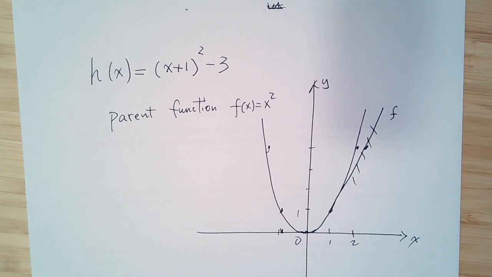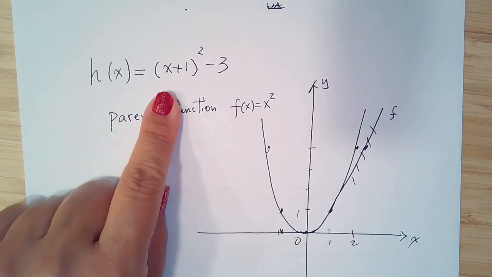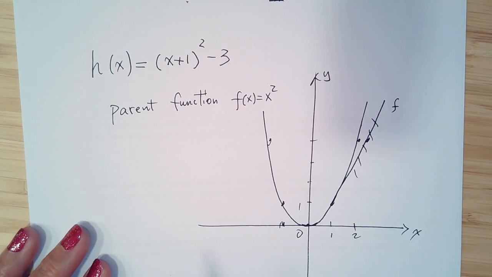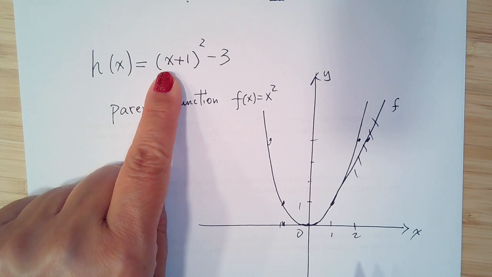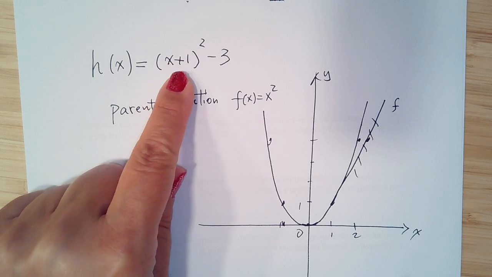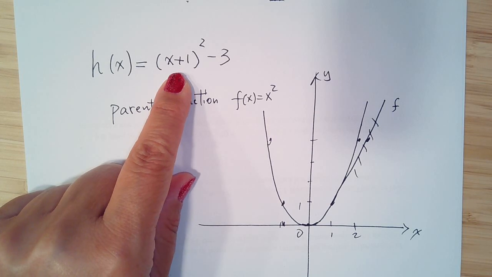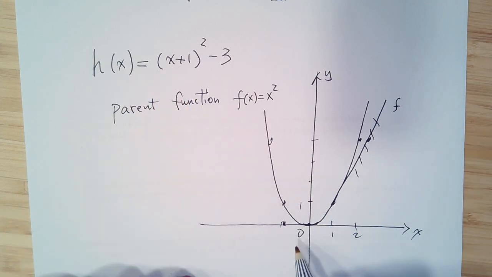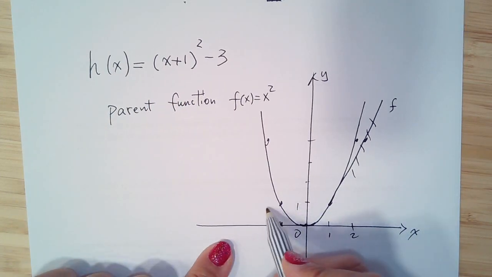Now, what about h? The tricky part is always identifying where your x is. It's right here. What you should do is plus 1 first. That means if x becomes x plus 1, are you going to shift it to the left or right? Left. Because a plus 1 means positive 1, but you have to shift to the left. So everything shifts to the left by 1.